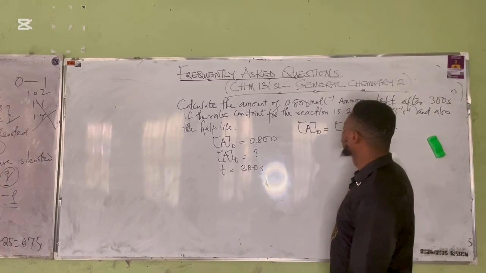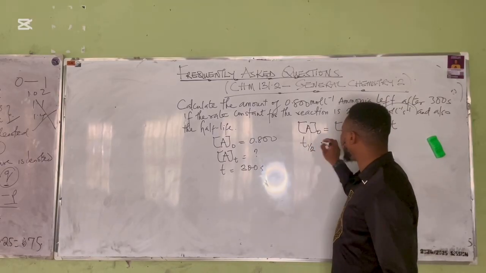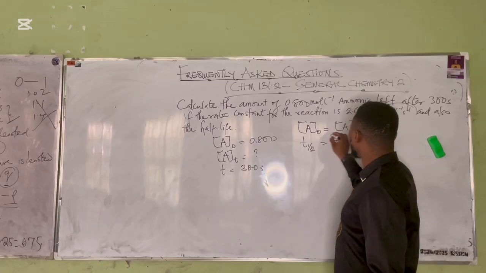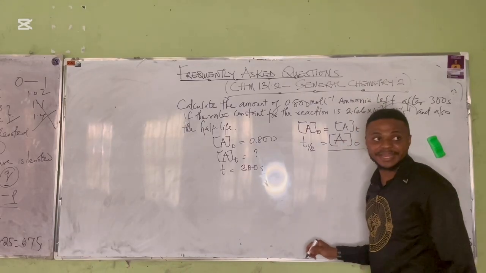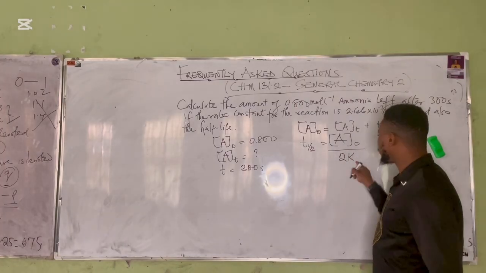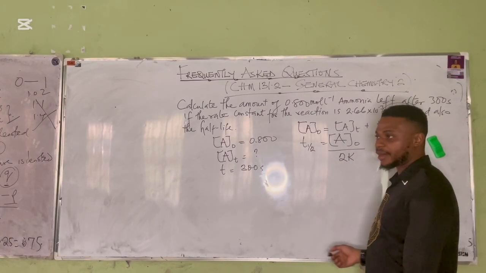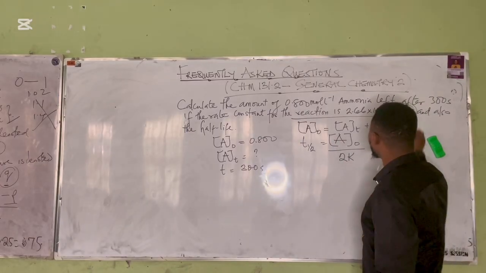You're looking for the final concentration. Then the half-life T1 over 2 for a zero order reaction is A0, your initial concentration, divided by 2K, or 2K0, which is 2 times your rate constant. So these are the formulas we are going to be using.